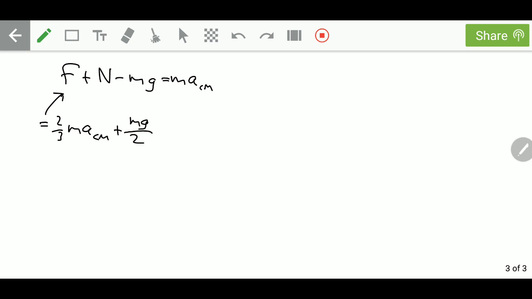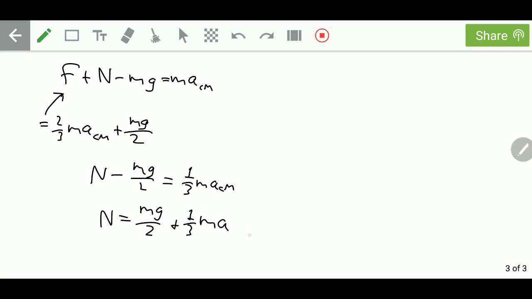Now we write that out, and we get mg over 2 minus mg, so that's minus mg over 2. Moving the 2/3 to the other side, we get 1/3 m times the acceleration of the center of mass. We get N equals mg over 2 plus 1/3 m times the acceleration of the center of mass.